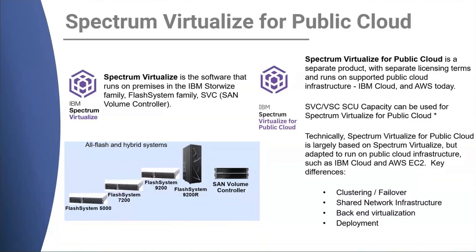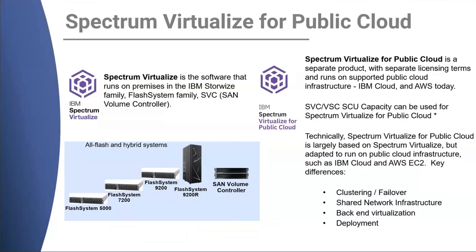And what we brought to the market a few years ago is IBM Spectrum Virtualize for Public Cloud. This is a separate product, with separate licensing terms. It runs on any supported cloud infrastructure, that's IBM Cloud and AWS today. We're working on others to come in the future.